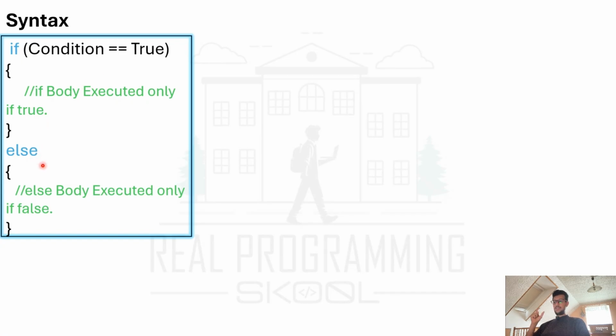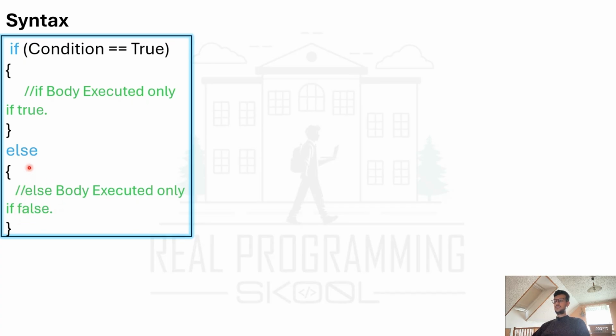The code between the first two curly brackets, we call it the if body, or the code that exists inside the if statement. And the code between the two curly brackets that belong to the else keyword, we call it the else body, which means the code that was written inside the else body, between these two curly brackets that belong to the else keyword.